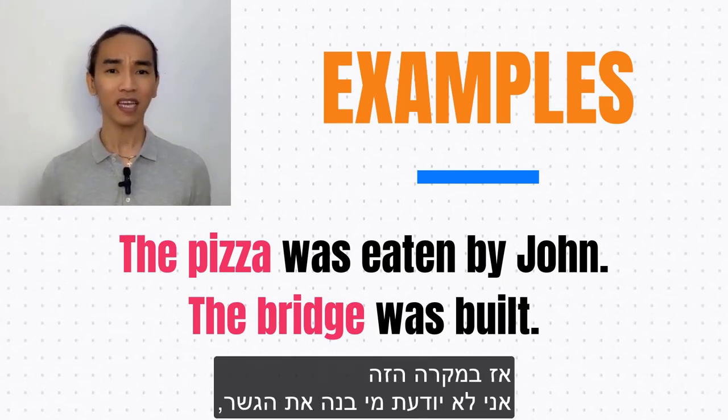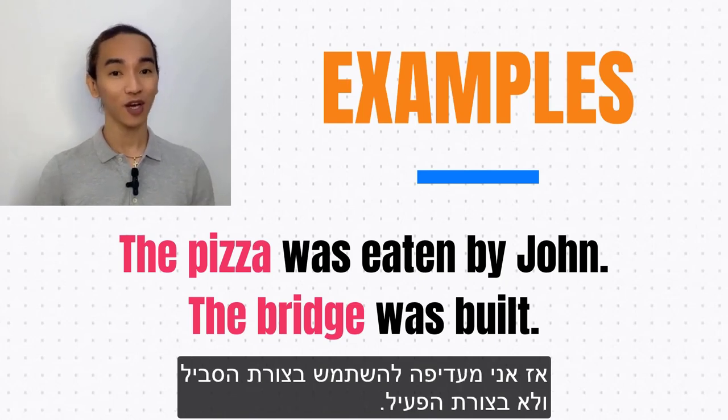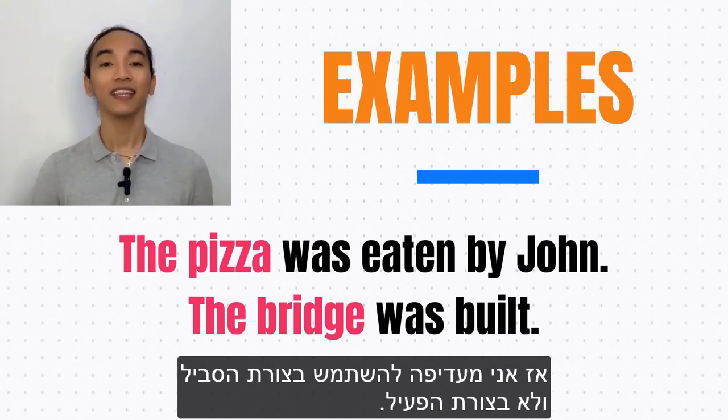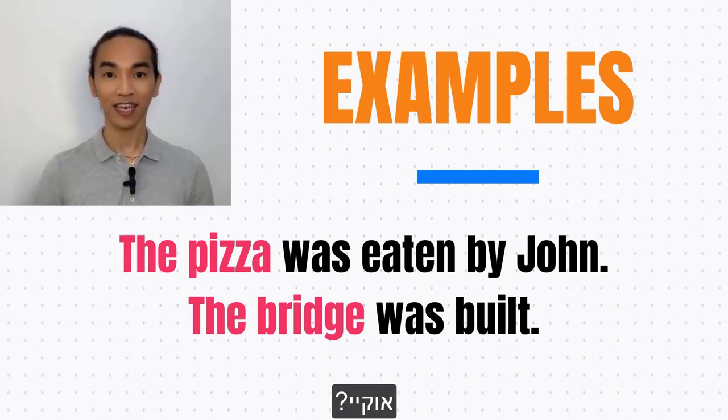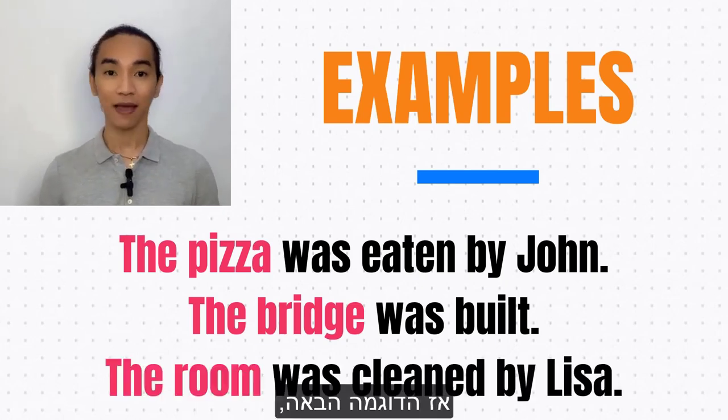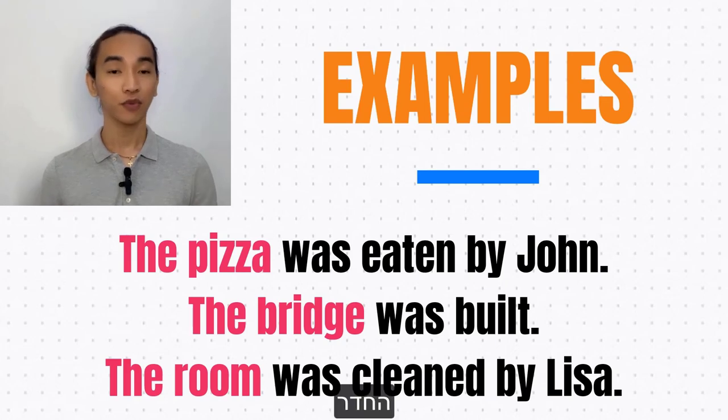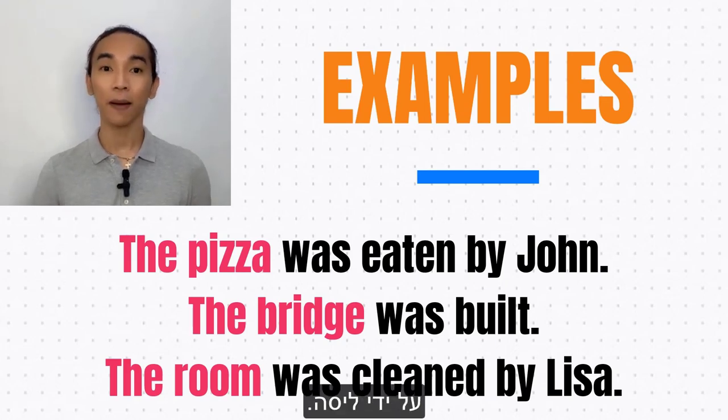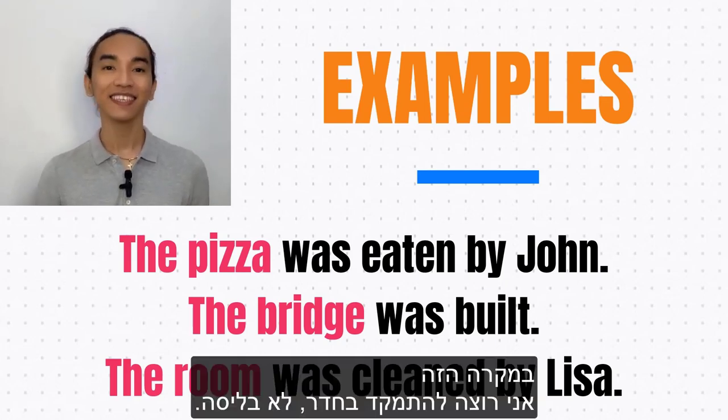Okay, so in this case, I don't know who built the bridge. So I'd rather use the passive voice than the active voice. Okay, so next example. The room was cleaned by Lisa. So in this case, I want to focus on the room, not on Lisa.